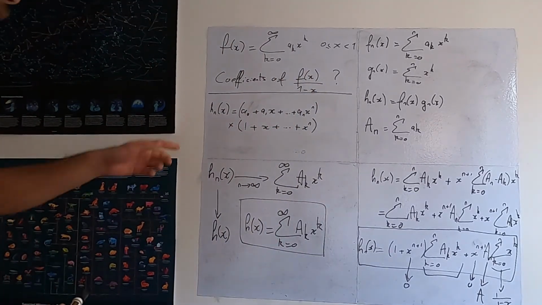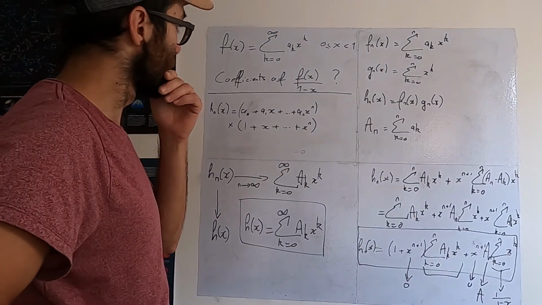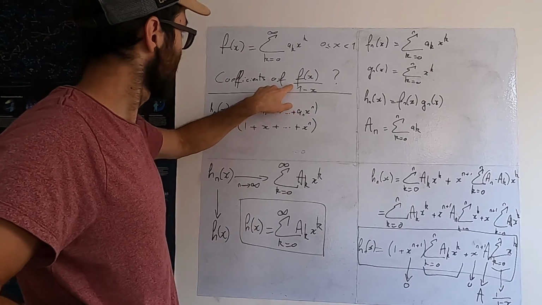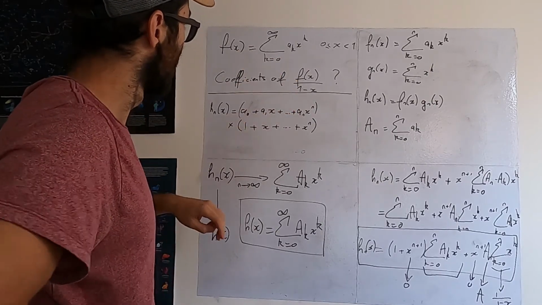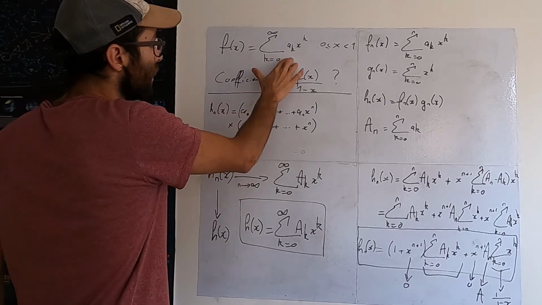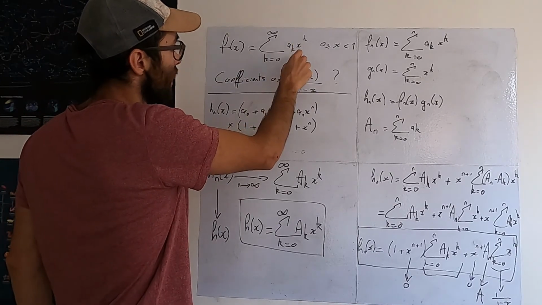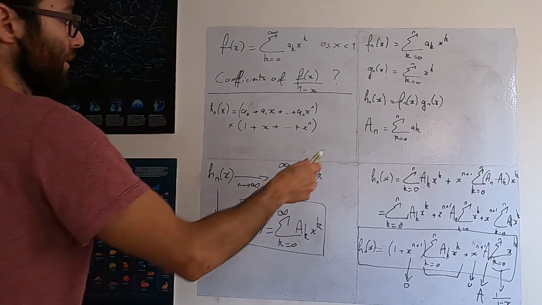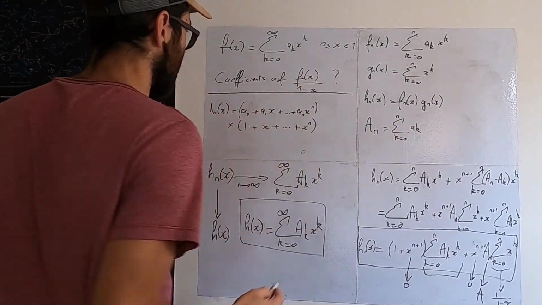And so yes, I find it a very cool result. It means that when you do this division by 1 minus x of this series here, you're basically transforming this sum into a sum of sums, right? Because the Ak, remember, is the sum of the ak's.